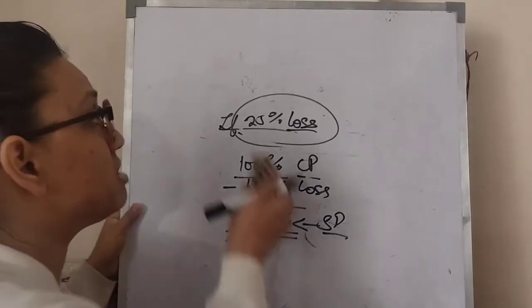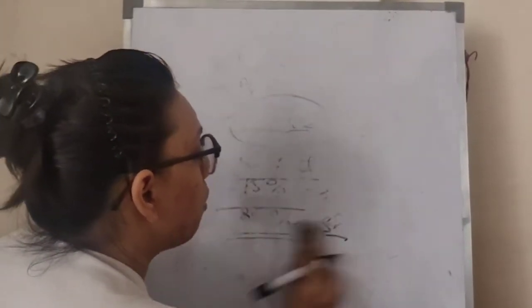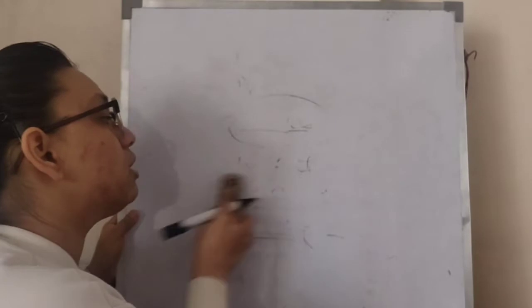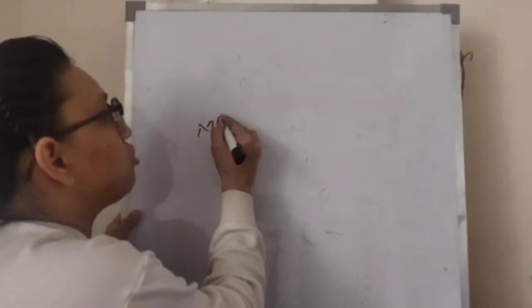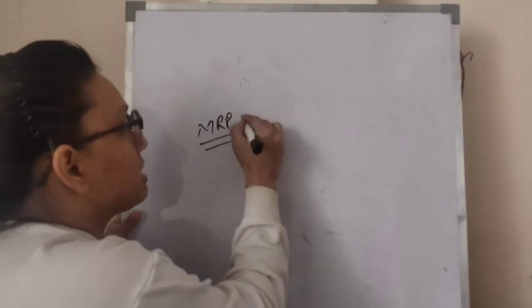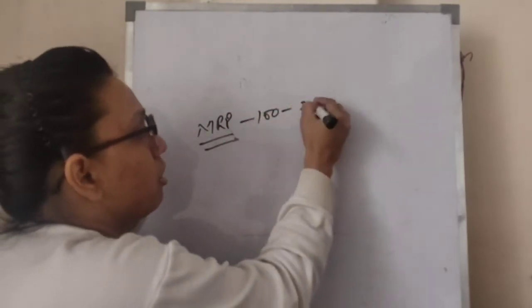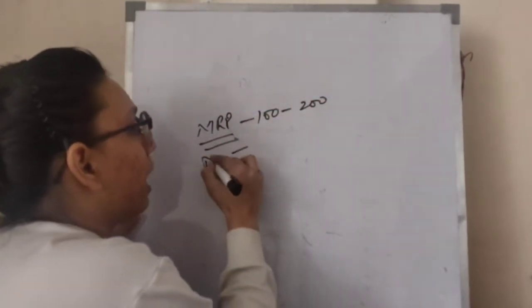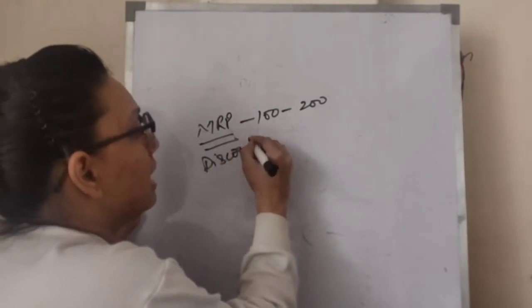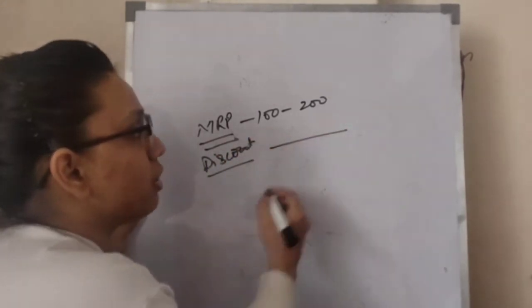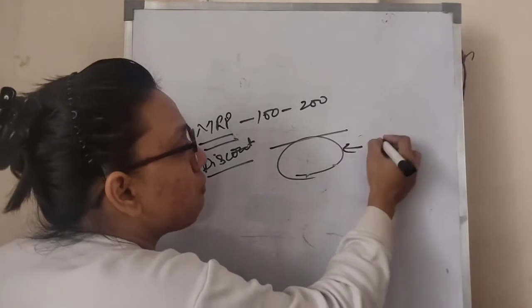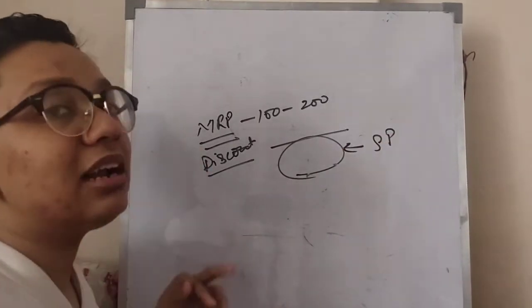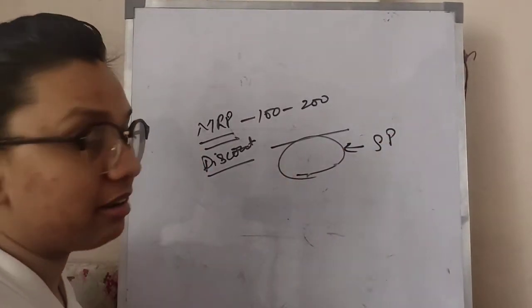Now I'll tell you about discount. Discount is always given on market price, that is your MRP. Whatsoever will be your MRP, for example 100 rupees or 200 rupees, you will provide a discount on that, and then whatever remains after the discount will be your final selling price, the price at which you are going to sell the item.